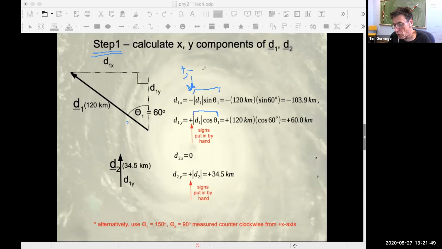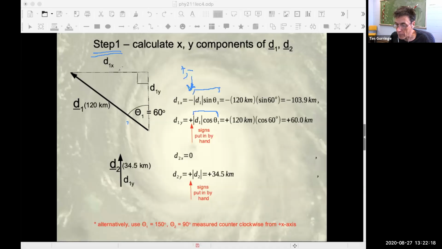If towards the right is the positive x direction, then this vector is actually going in the negative x direction. And so I've put in this minus sign here, because this is the negative x direction. And if vertically upwards is the positive y direction, then this vector is going in the positive y direction. And so I put in this plus sign by hand to describe that fact.